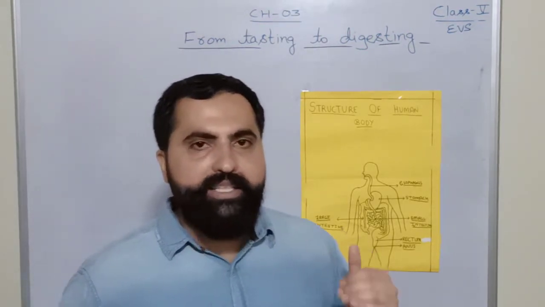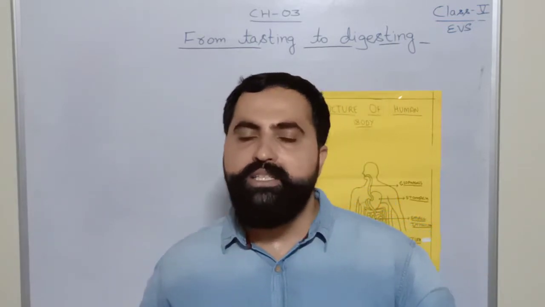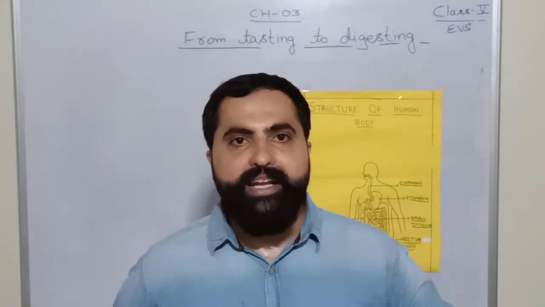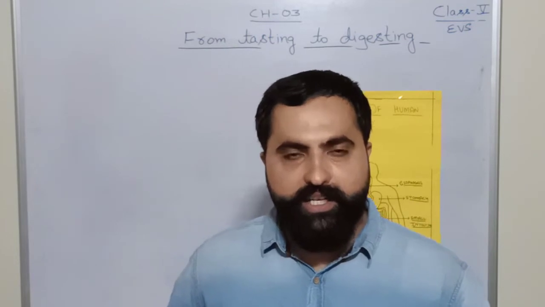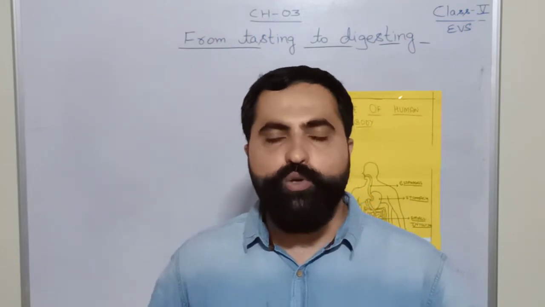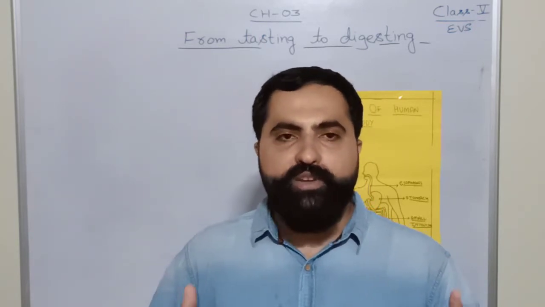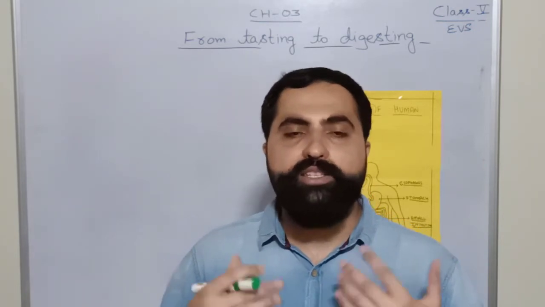The food we eat starts from our mouth, then goes to the esophagus, then the stomach starts the digestion because there is a digestive juice. Then it goes to the small intestine, where we can say the complete digestion process happens. It absorbs all the minerals which our body needs, and the food item dissolves in starch.